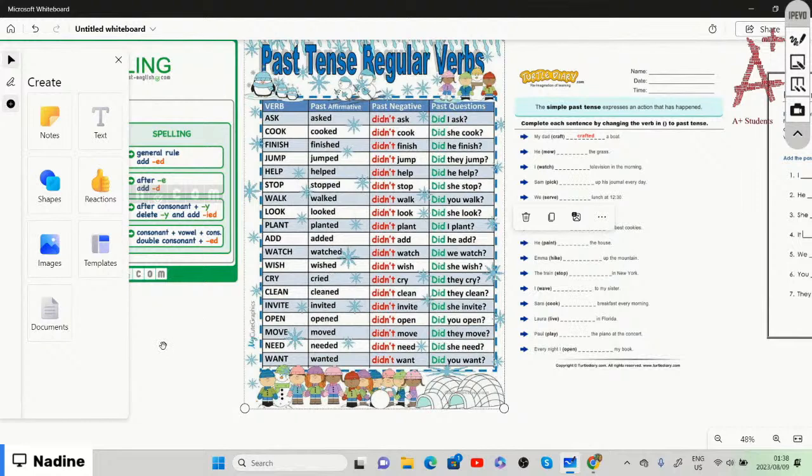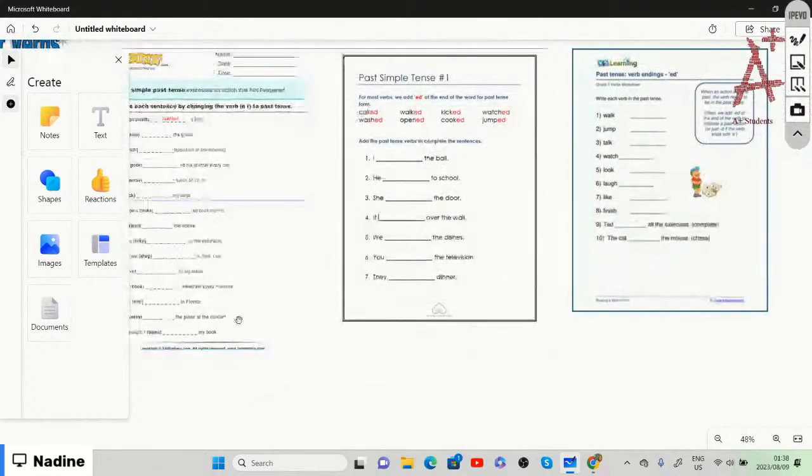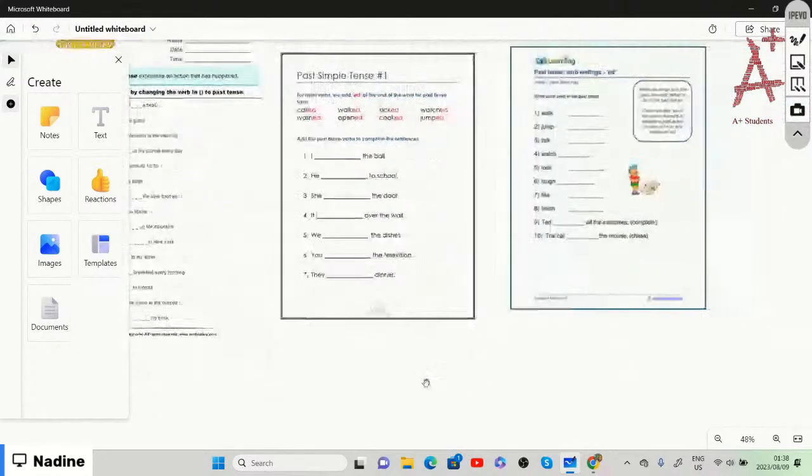So most of these words we basically just add an ed to it. Most. And that shows the regular past tense.